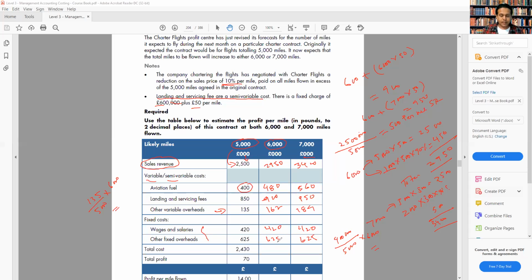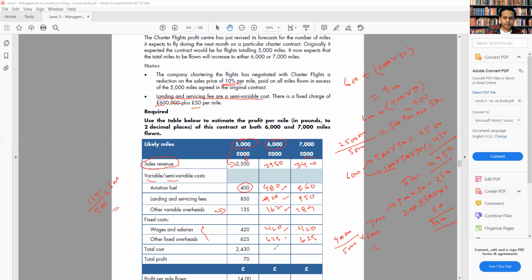After that, we have to make the total cost. So can we add all of this to find the total cost? So 1, 2, 3, 4, and 5. So 480 plus 900 plus 162 plus 420 plus 625. That will be my total cost for 6,000 mile.